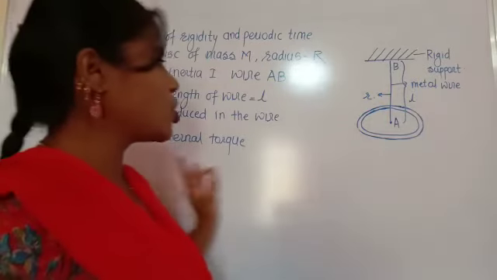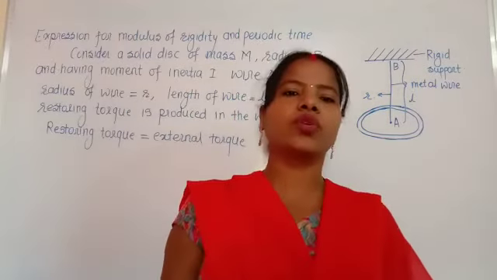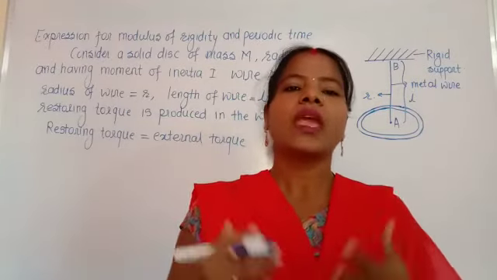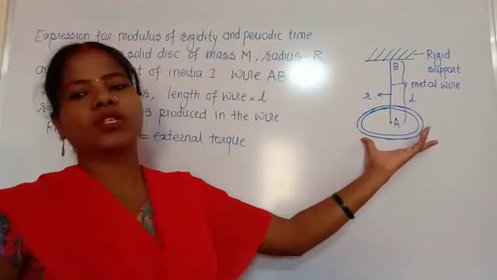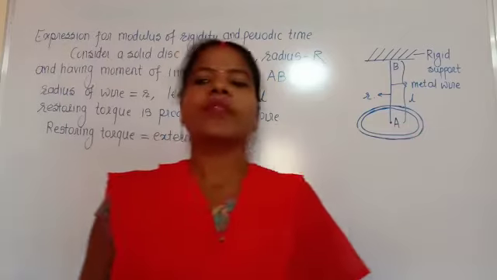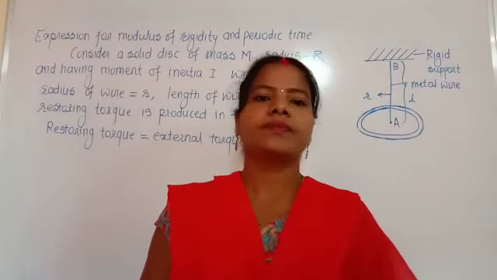When these two torques become the same, the equilibrium position is set in the torsional pendulum. Now, if the external torque is removed, what happens?